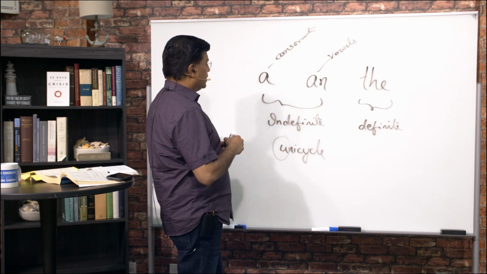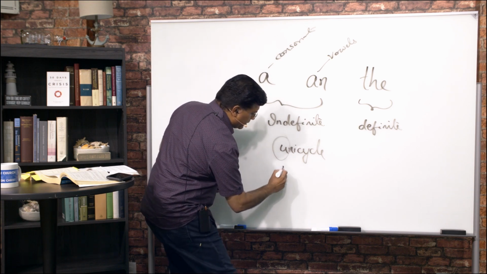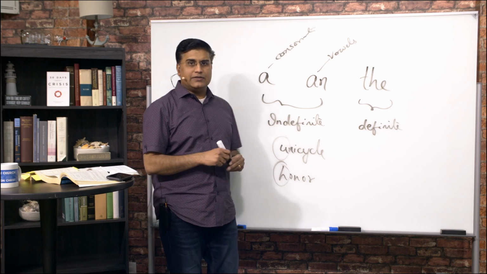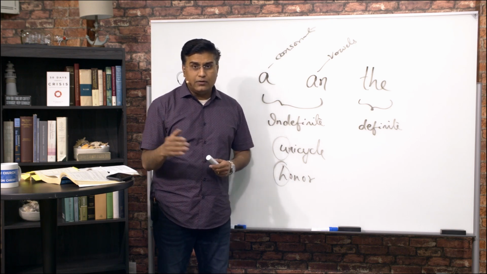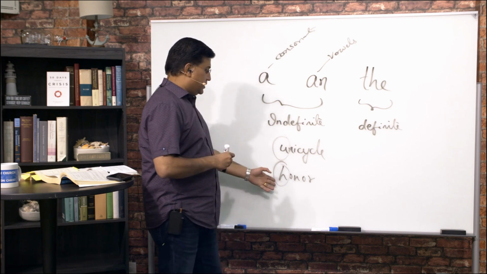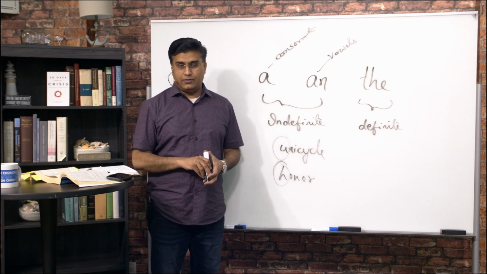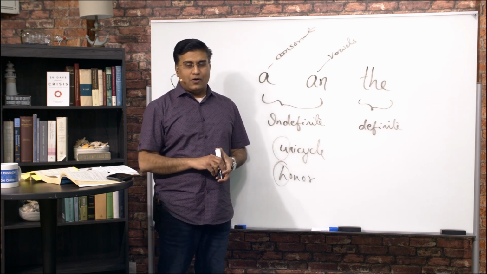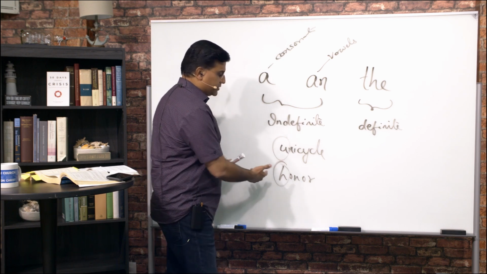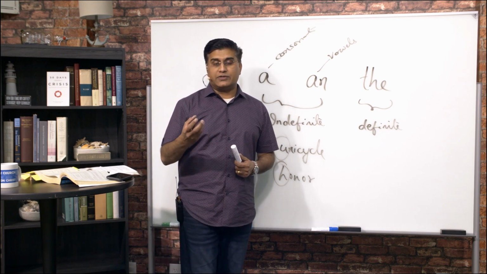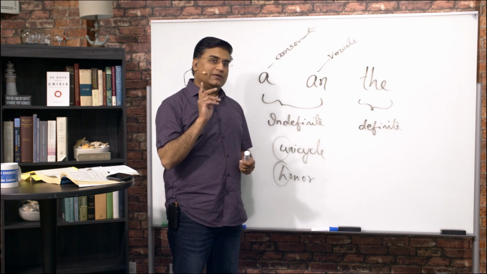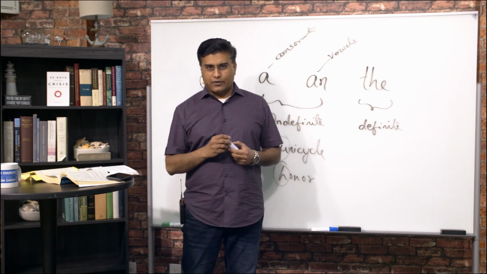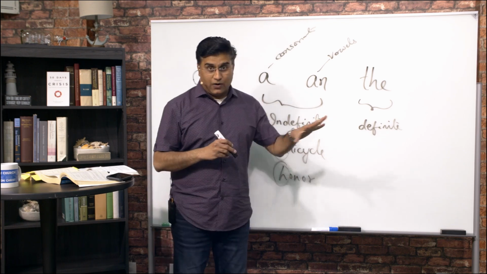How about the word honor? H is a consonant, it's not a vowel. So this really should be a honor. But it is an honor. Why? Because we don't pronounce the H, we pronounce it as if it begins with a vowel. So this is something we need to remember about English indefinite articles: it's about the sound.